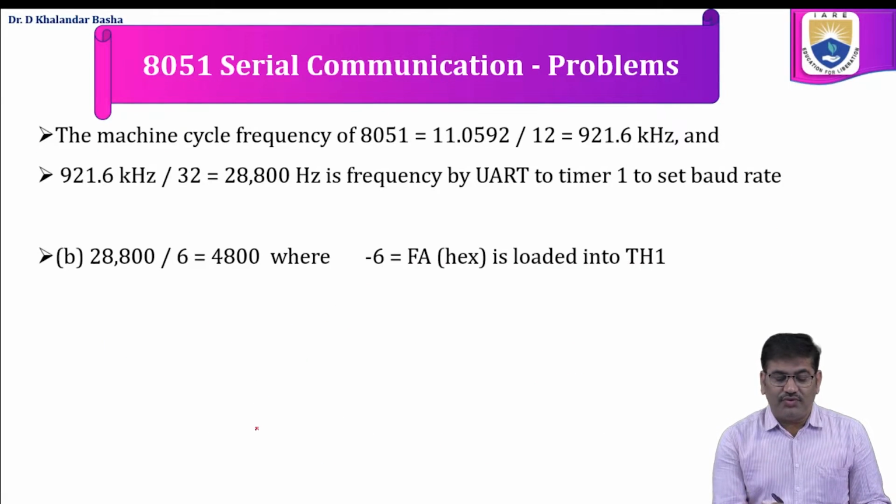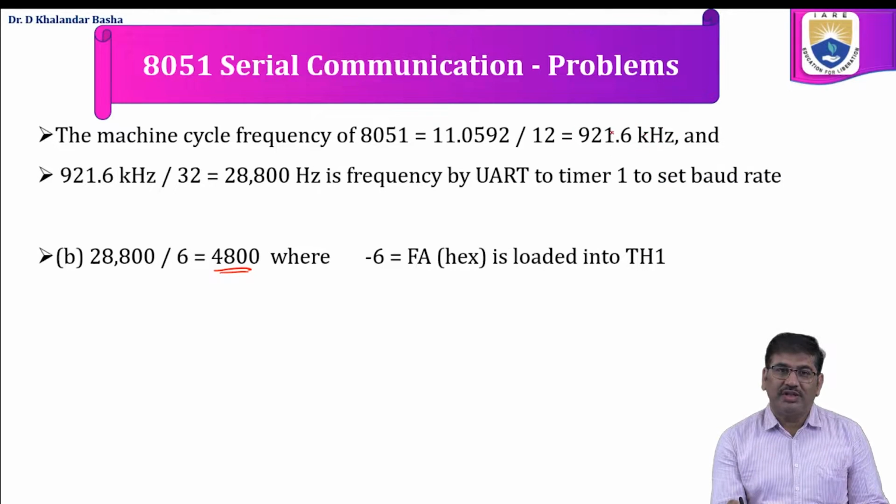For generation of 4800, the baud rate which is required is 4800. The machine cycle frequency of the 8051 microcontroller is equivalent to the oscillator frequency divided by 12, that is 11.0592 MHz divided by 12, which is going to give 921.6 kilohertz.